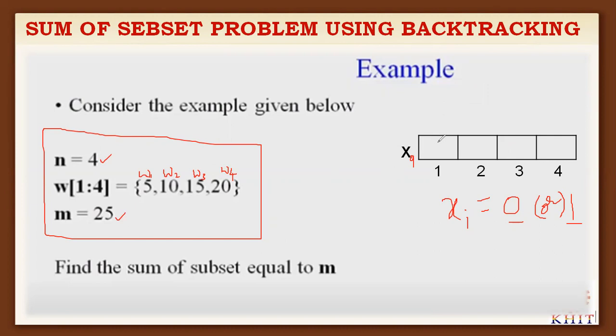If I select all four elements, what is the weight? It is 5 plus 10 plus 15 plus 20, which is 15 plus 20, 35, plus 10, 45, plus 5, 50.